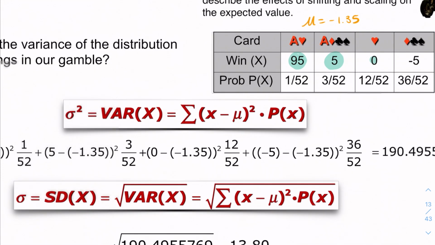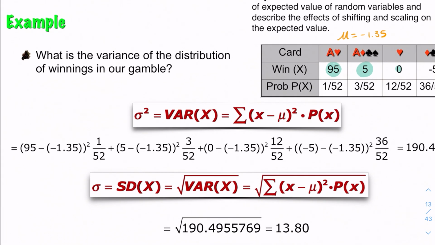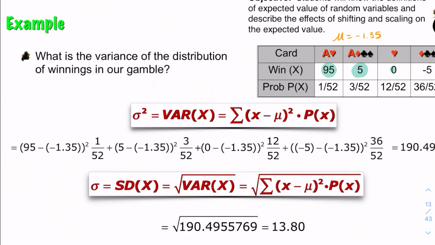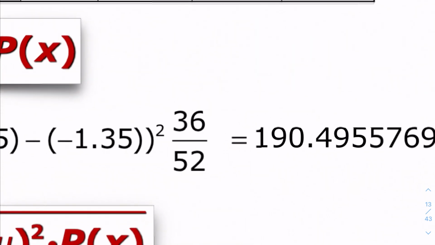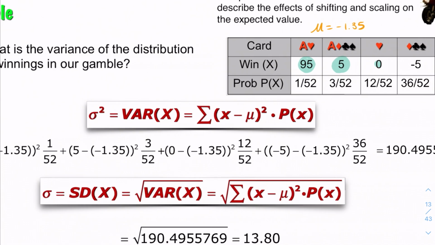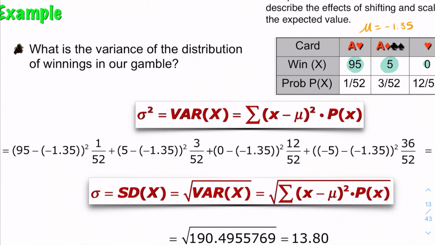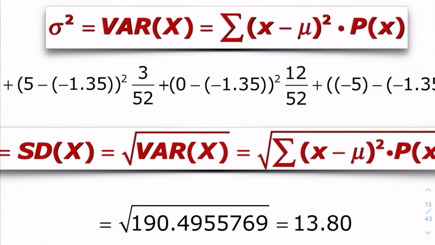And each time we do that, to find the standard deviation, we simply take the square root. So 190.4955 is our variance. How far away from the expected value, or the spread, is. And the standard deviation is how far away from the mean.